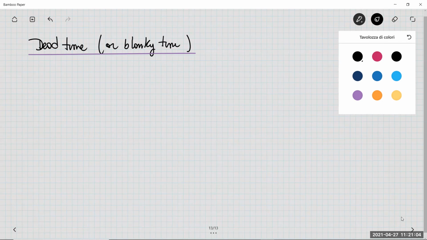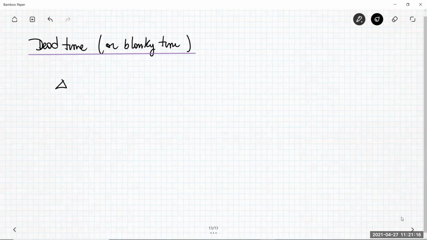This means that we have to insert a time called T delta, which is exactly the dead time or the blanking time. For example, we know that there is a variation delta V, maybe V epsilon, something like that.